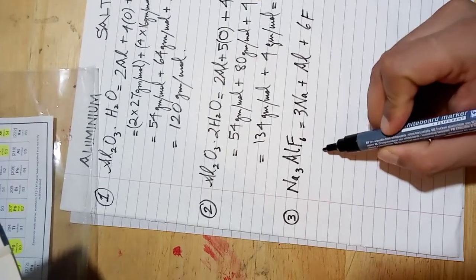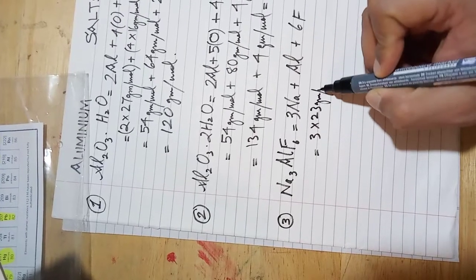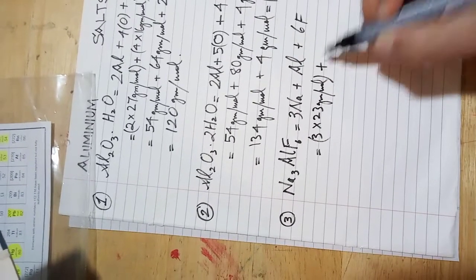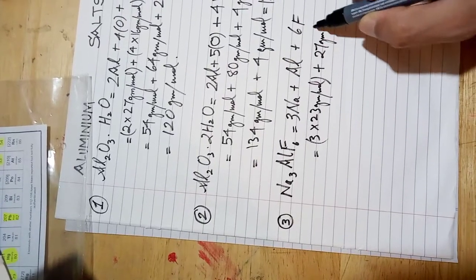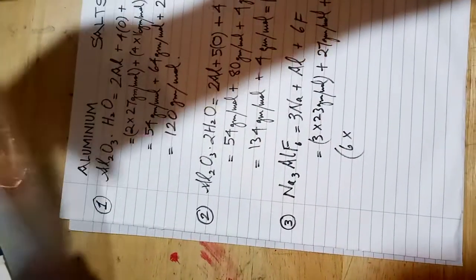So that'll be 3 times 23 grams per mole plus 27 grams per mole plus 6 times 19.